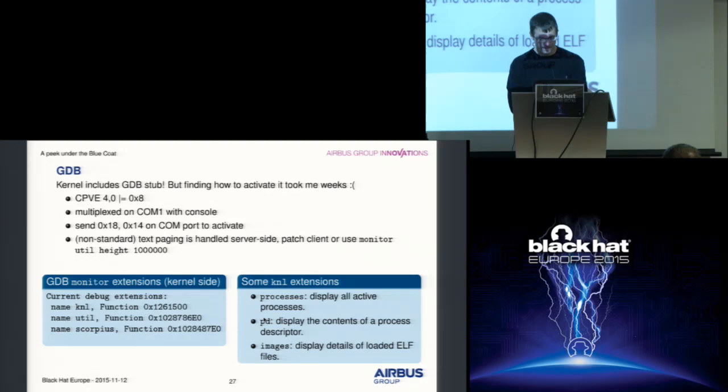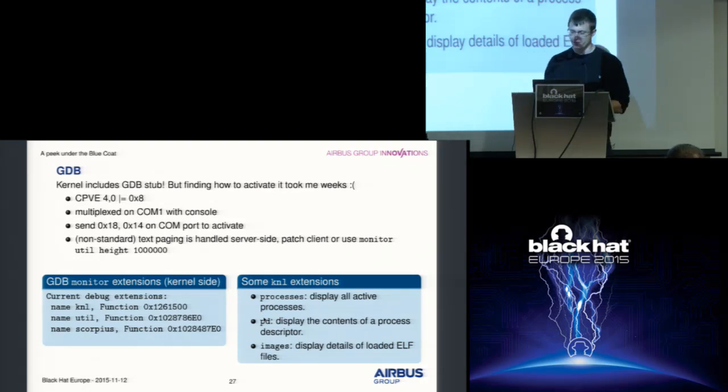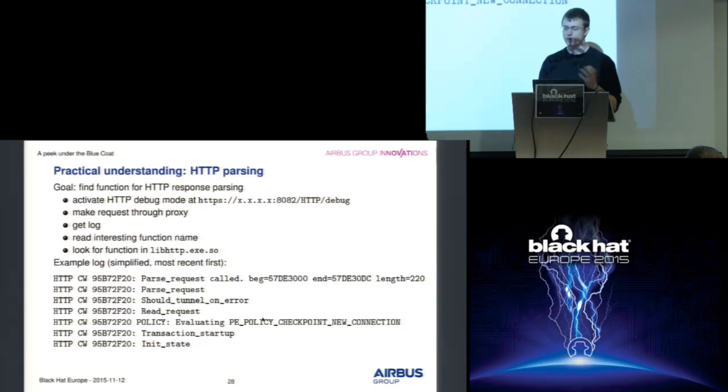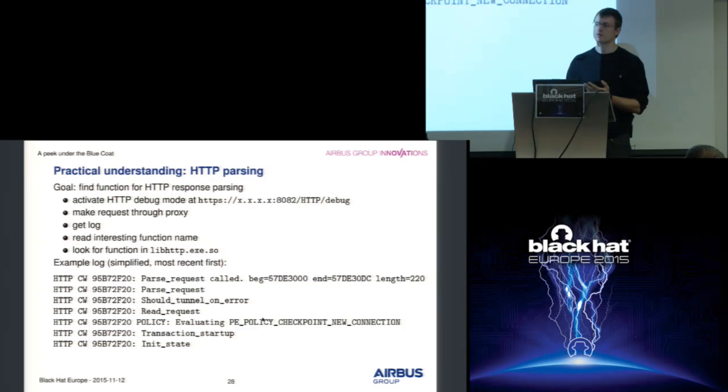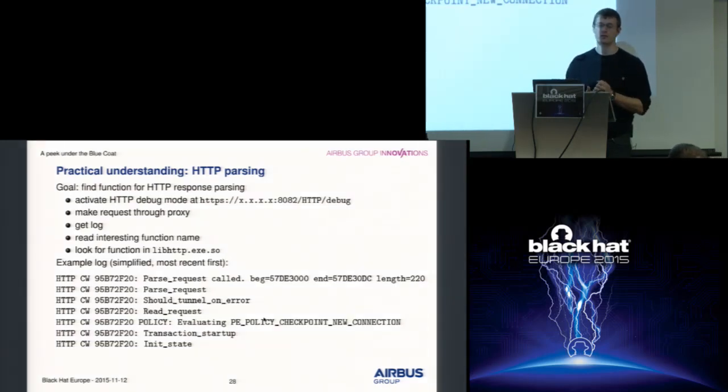That's nice. So if you want a practical understanding of the ProxySG, one thing you might want to check is the way it parses HTTP requests, because that might be the easiest to access for an attacker. That's the attack surface an attacker would go to, because you just have to do an HTTP request to the ProxySG if you have a vulnerability to get remote code execution.